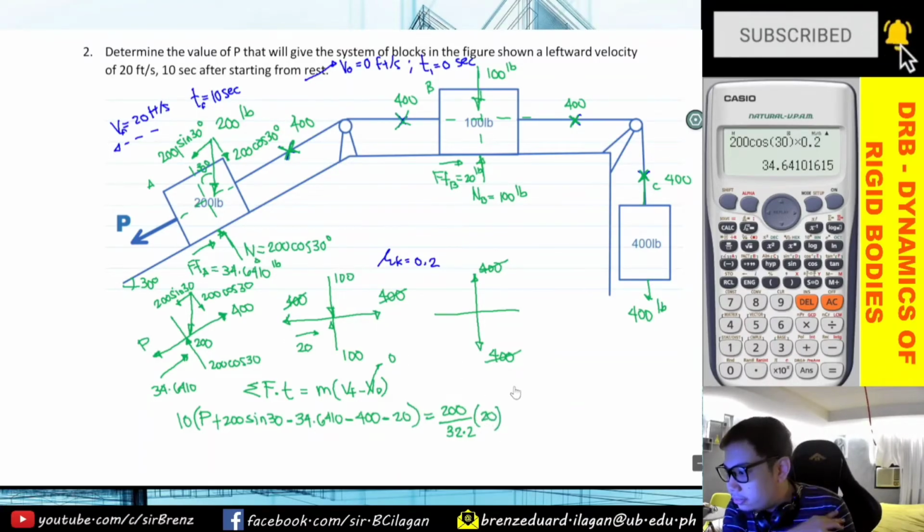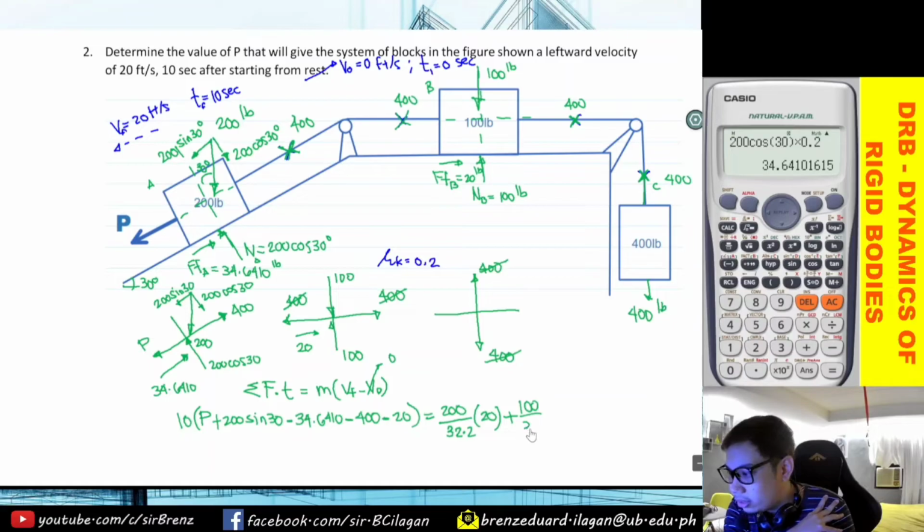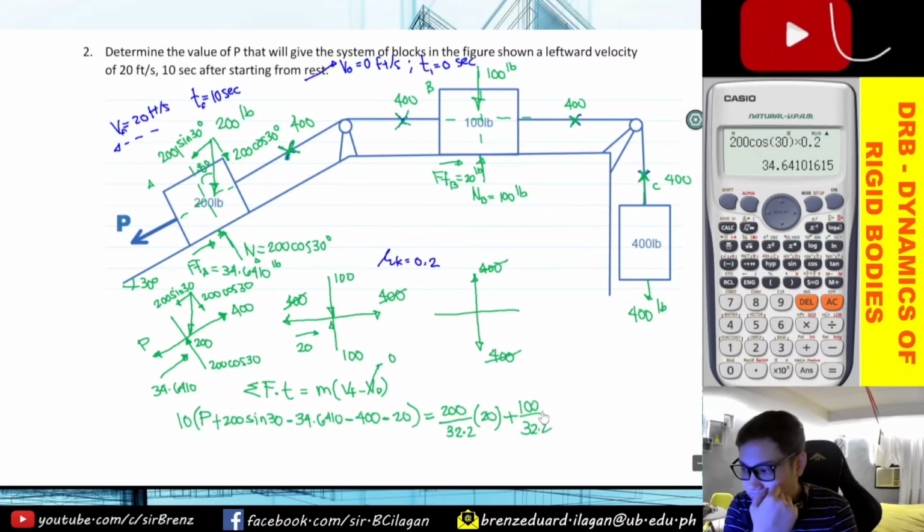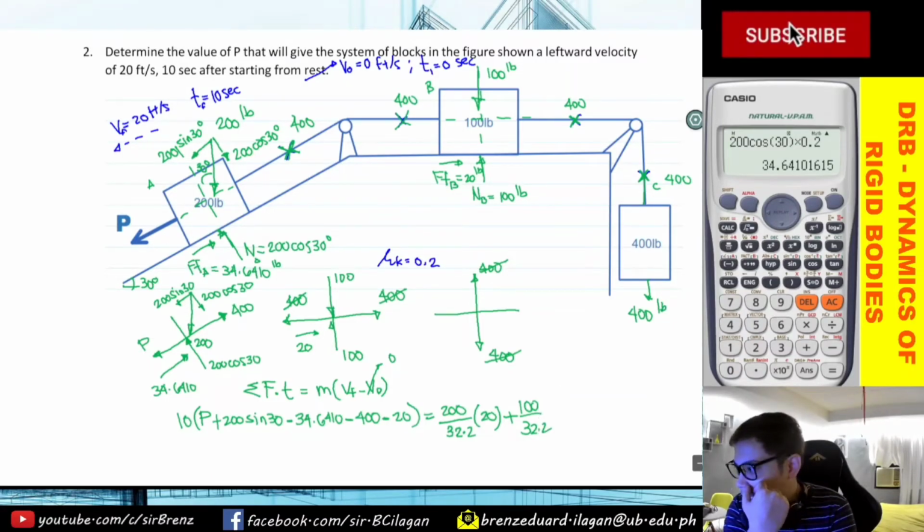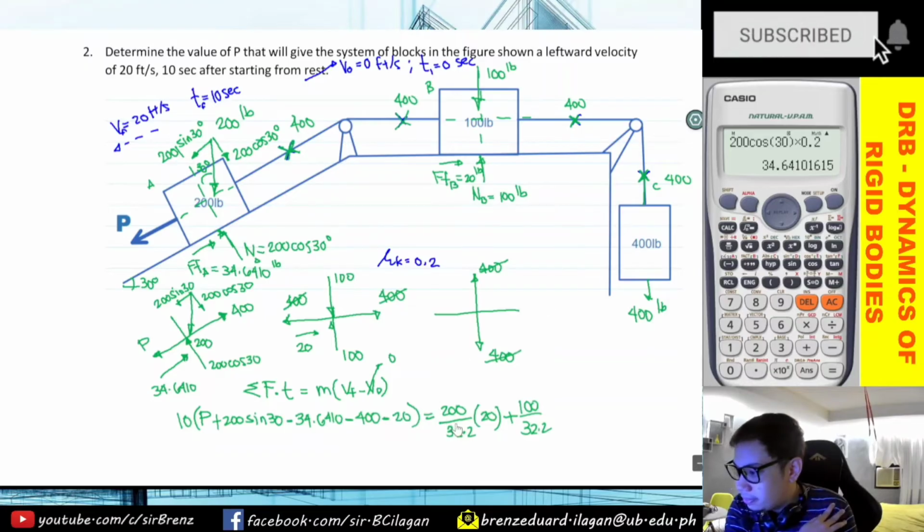And then for the second block, so plus, we have 100 divided by 32.2. May common term pala siya, no? I think it's much better if we make the equation like this.